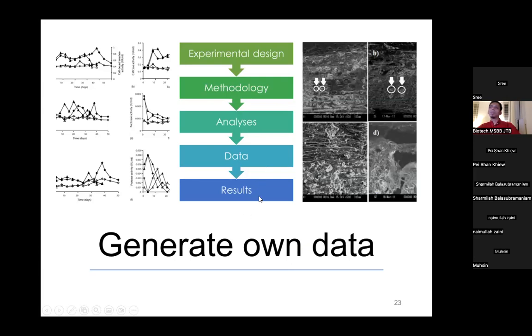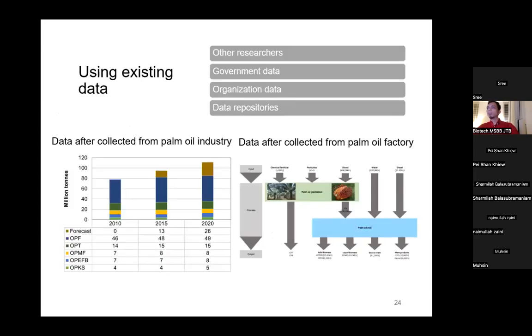Actually, this one is mostly repeated. If we want to collect the data, we need to have experimental design, methodology, analysis, what data are being generated, and then the results. If you are using existing data, we can get it from other researchers, government data, organization data, data repositories, and so on.